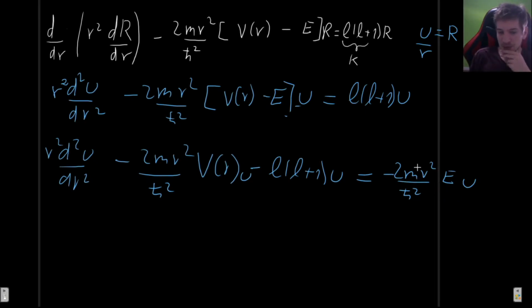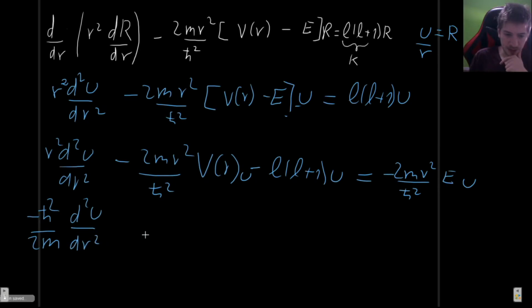And now I want to leave this in a way that is quite similar to the Schrödinger equation. In order to do that, let's isolate the energy and also the second derivative. So what we have to do is divide by this minus 2m r squared over h bar squared. When we do that, the r squared will cancel out, and we will be left with minus h bar squared divided by 2m d squared u dr squared.